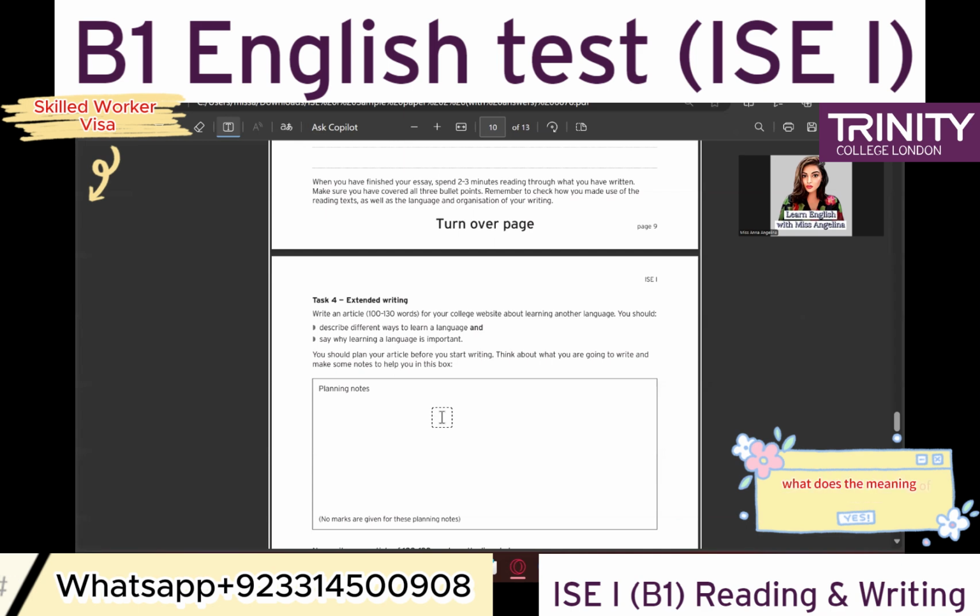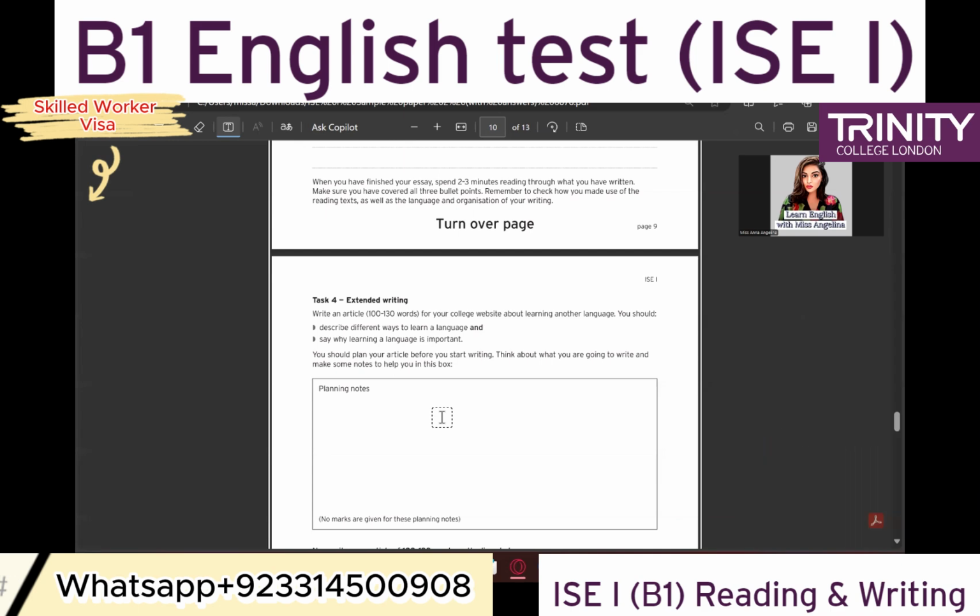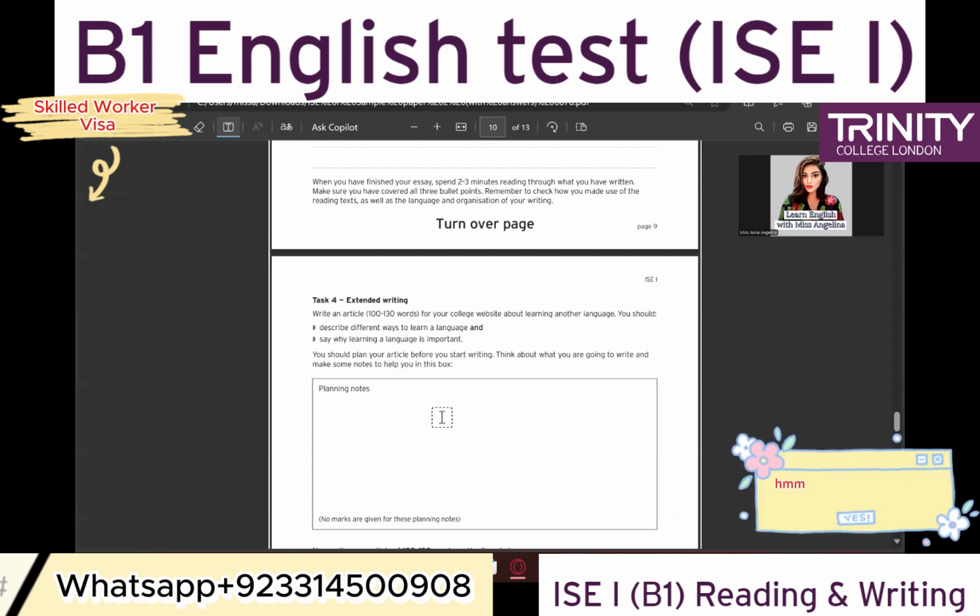What is the meaning of organization? Organize information means to put it in paragraphs and number it. We're just trying to tell the examiner that now we're talking about this. Organization and structure.